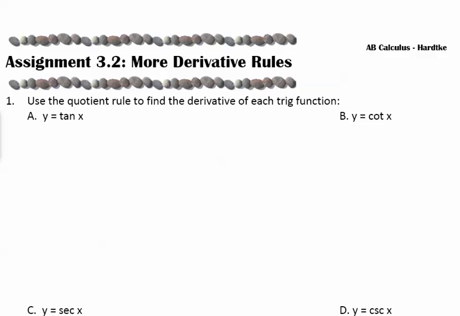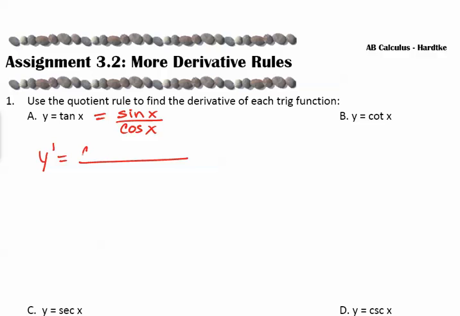Our first task in this assignment is to come up with the derivatives of the four trig functions that involve quotients. So let's write tangent as its definition, sine x over cosine x, and we'll apply our quotient rule for derivatives.